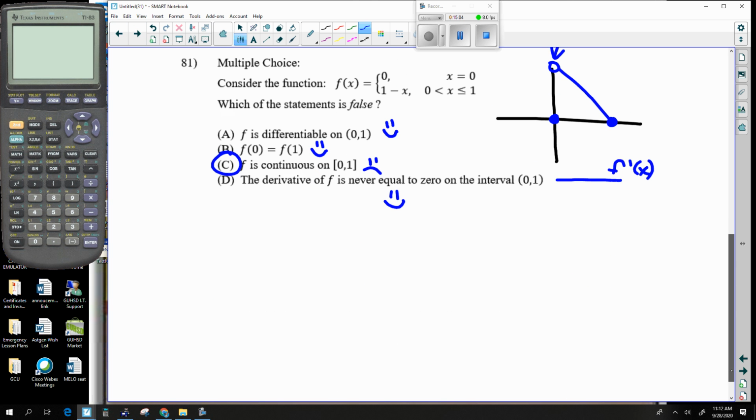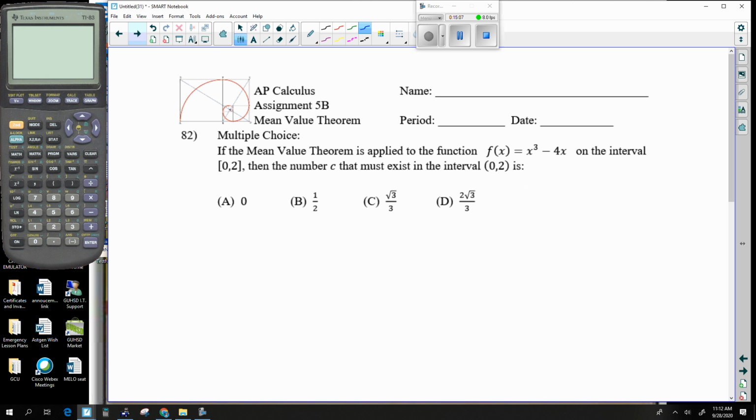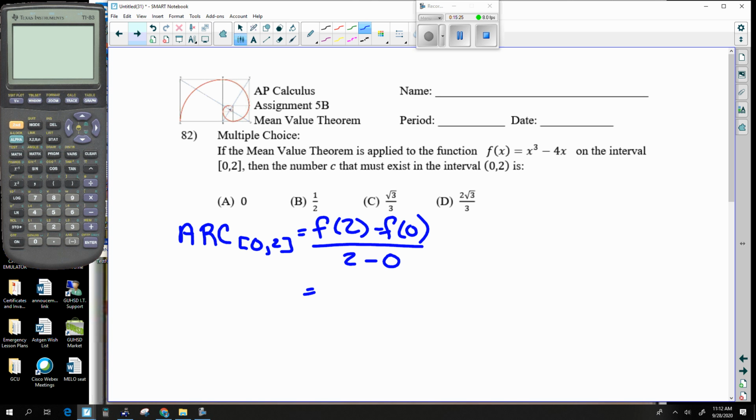That was the last question, right? Okay, mean value theorem on the interval 0 to 2 must be, okay. Average rate of change on 0 to 2 is f of 2 minus f of 0 over 2 minus 0. 0 minus 0, which is 0, over 2 is 0.